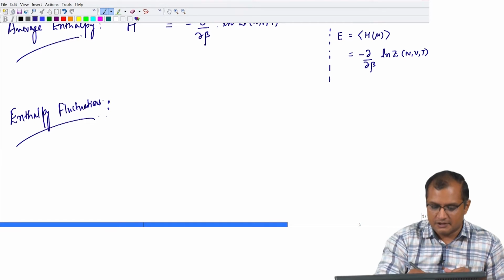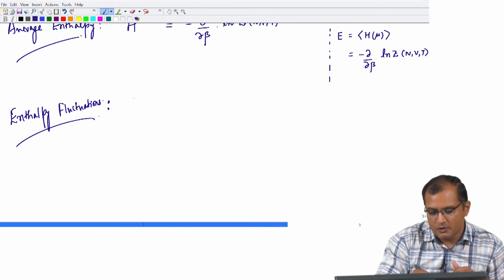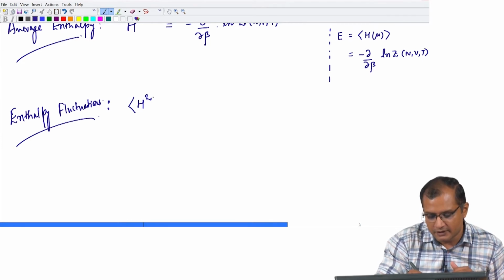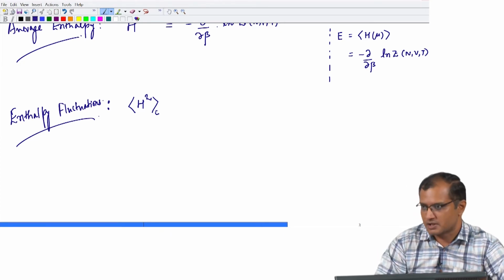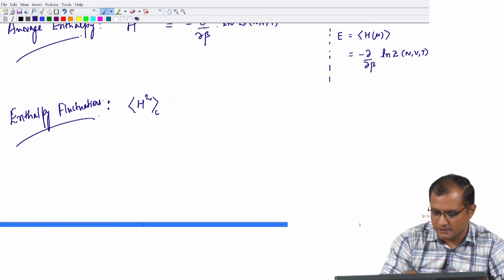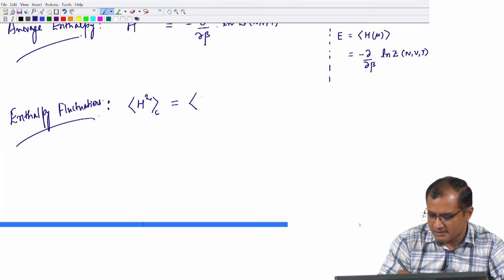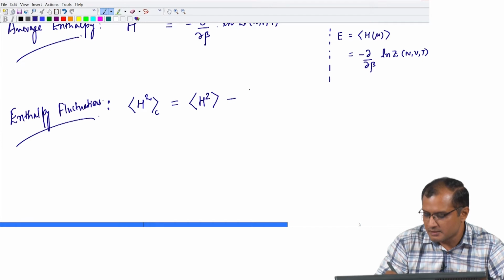How does it fluctuate? Well, of course, I am going to write it as the second cumulant of the enthalpy, which is the measure of the variance in enthalpy, or the size of the fluctuations. Well, this is given as the second moment minus the square of the first moment.